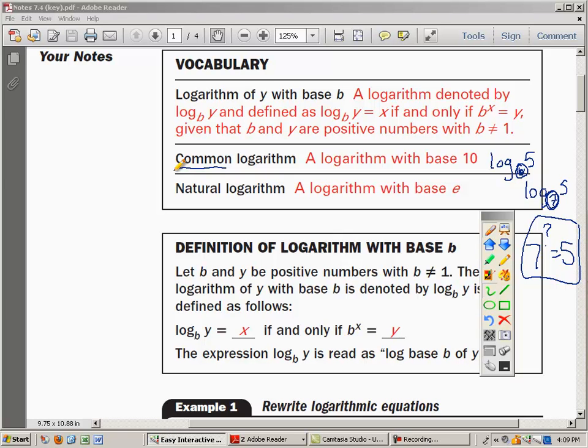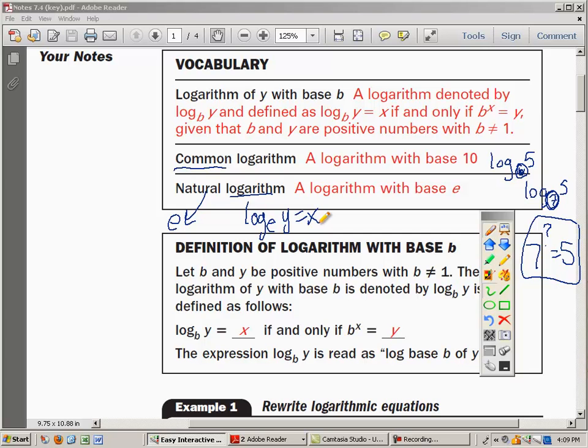From last section, we talked about this idea of e, where e was the natural base, and so the natural logarithm is going to use the natural base. That would be the log base e of some number y is equal to x.